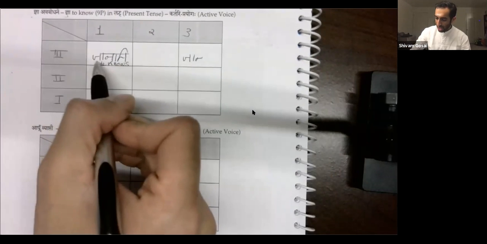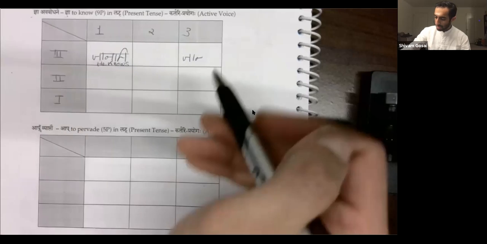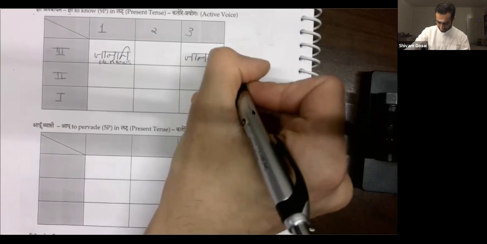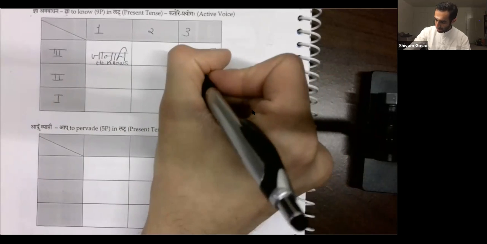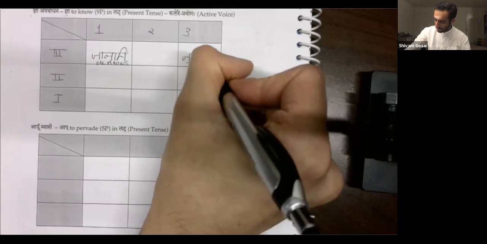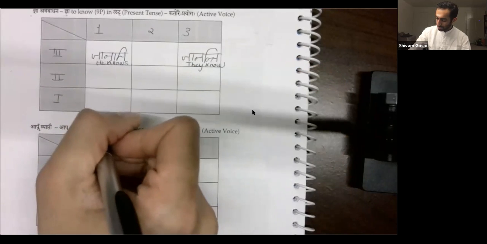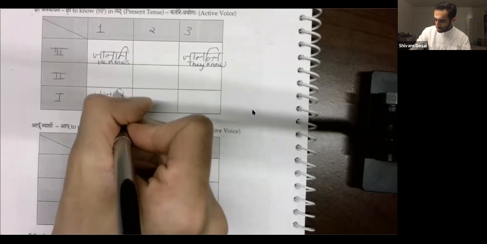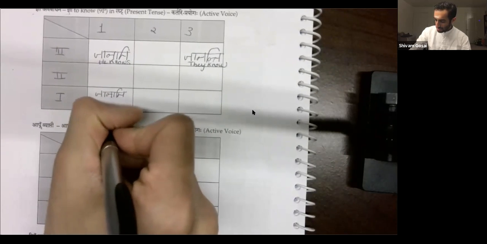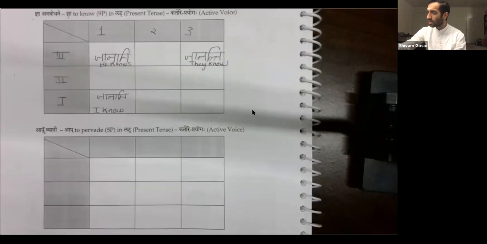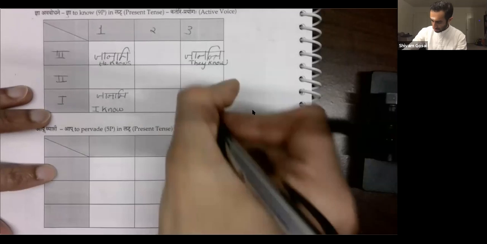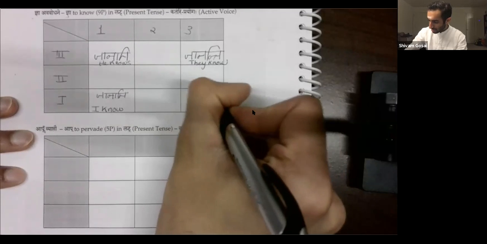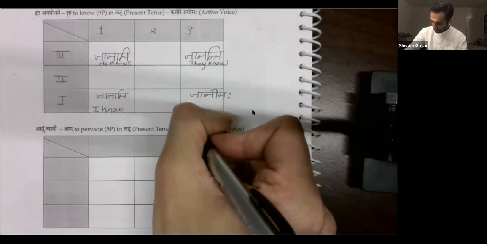Notice how jnya becomes jan. Janati, jananti. Janami, I know. And janimah, we know.